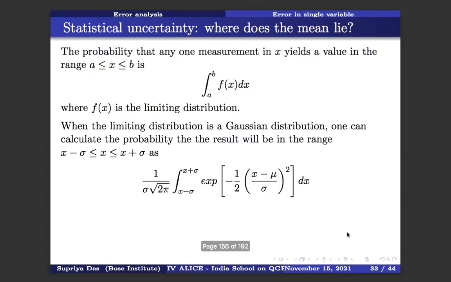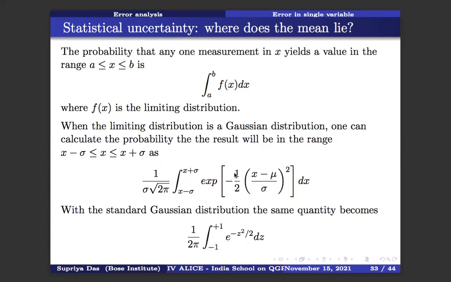When the limiting distribution is a Gaussian distribution, as I said, if you take enough measurements, a Poissonian distribution, or rather any distribution, tends to go towards a Gaussian distribution. So if we take that the limiting distribution is Gaussian, one can actually calculate the probability that the result will be in the range x minus sigma to x plus sigma. This can be calculated from this, because this is your Gaussian probability distribution.